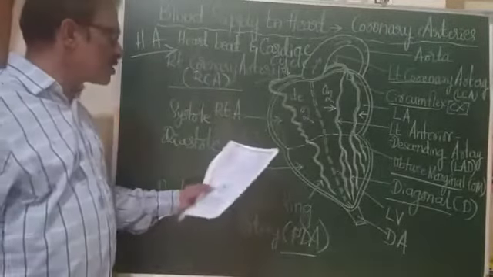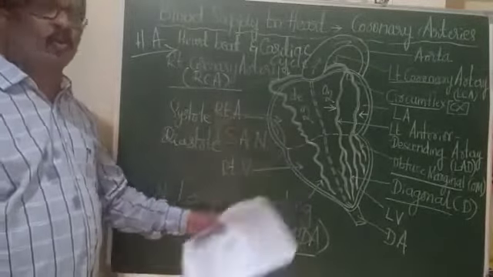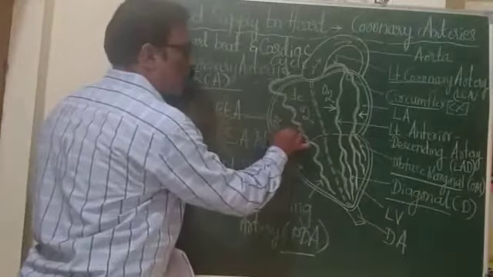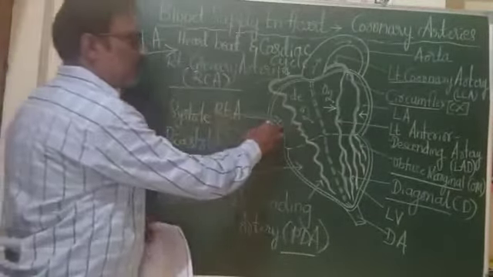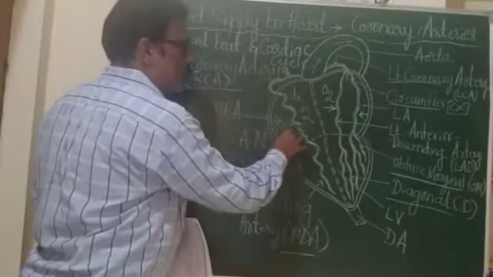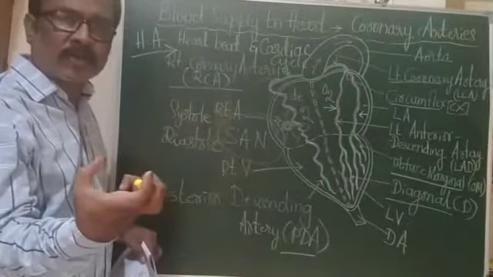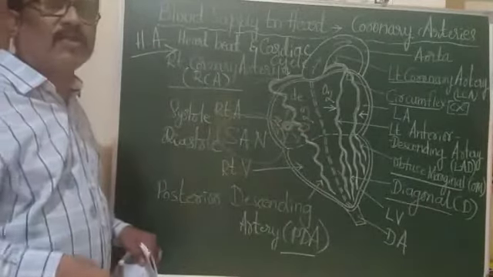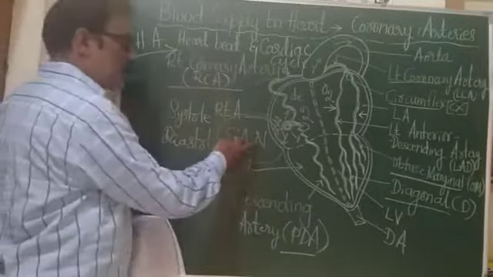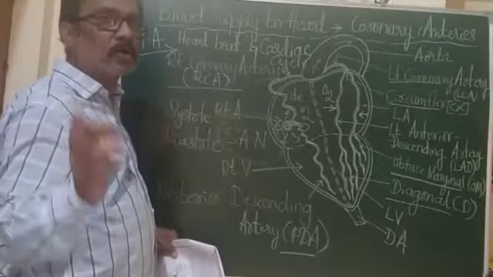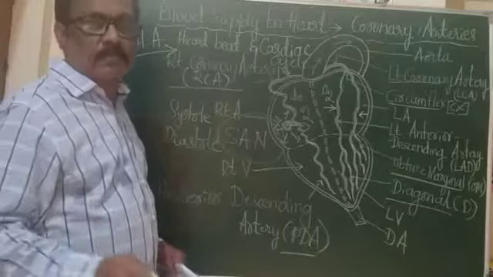SAN means sino-auricular node or sino-atrial node, which is located on the wall of the right auricle. This is a special muscular tissue which is responsible for the alternative contraction and relaxation of heart chambers, that is heartbeat. This SAN is called pacemaker or pace setter.